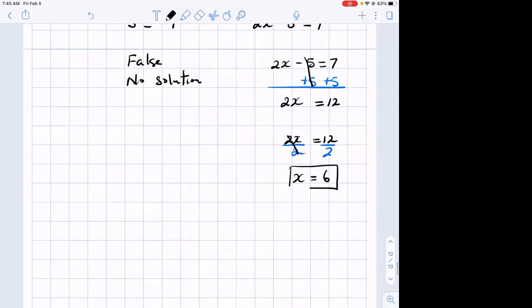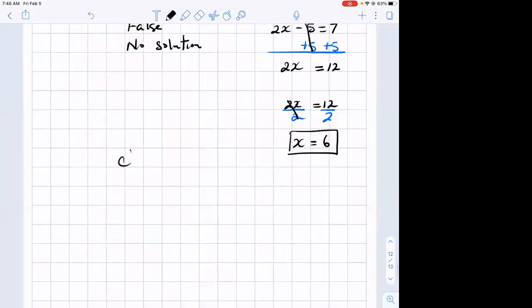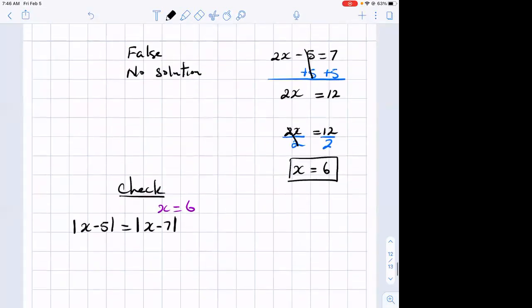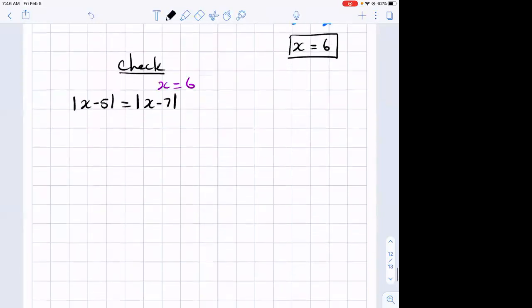And now we have to check. So we want to check if x equals 6 is a solution to our absolute value equation, the absolute value of x minus 5 is equal to the absolute value of x minus 7. Remember, we don't have to check anything here because that was false, right? So we only have one check.